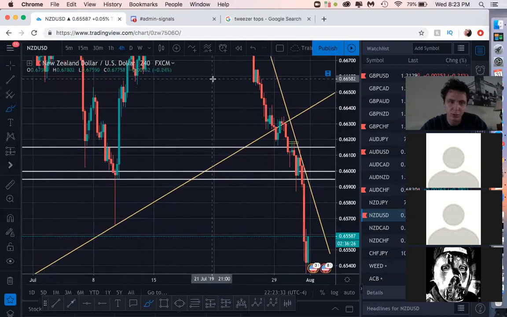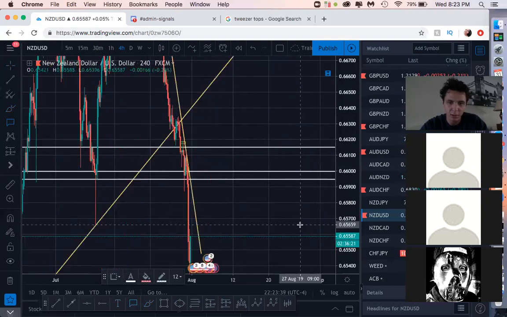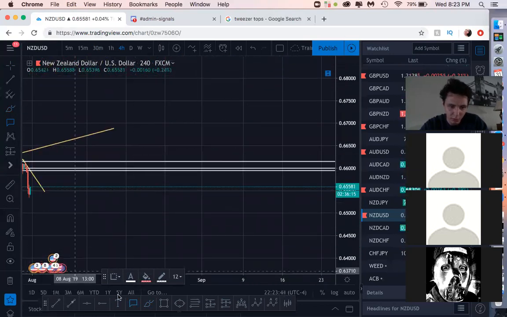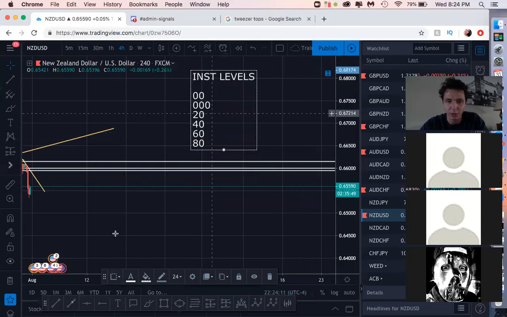These institutional levels, if you haven't been in any of my other calls previous to this, your institutional levels are going to be, so inst levels, those are going to be your 00, 000, your 20s, your 40s, your 60s, and your 80s. Sometimes it will be the 50s because that's the kind of quarter theory playing in, but generally this is what you're going to see for institutional levels.